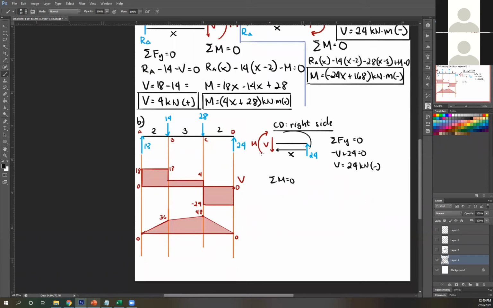Starting from the right, again, 24 creates a counterclockwise. So negative 24 times distance x from this end. And then you have an applied or reaction moment clockwise. So plus M equals 0. So M equals negative 24, sorry, positive 24x.